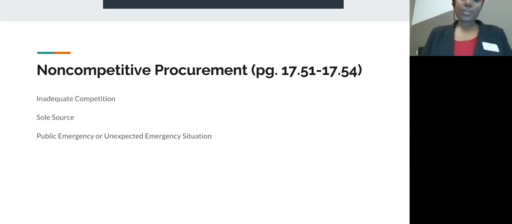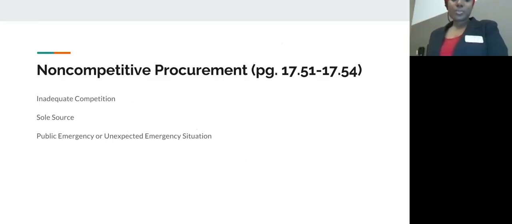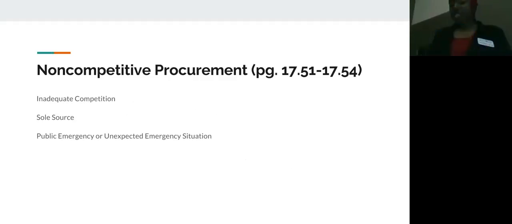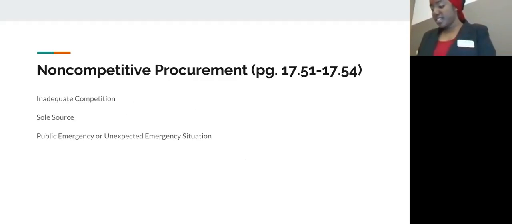All right, so on pages 1751 through 1754, that covers more of your non-competitive procurement methods: inadequate competition, sole source, as well as emergencies. There are stipulations and certain things that are put in place for these types of procurement methods as well.